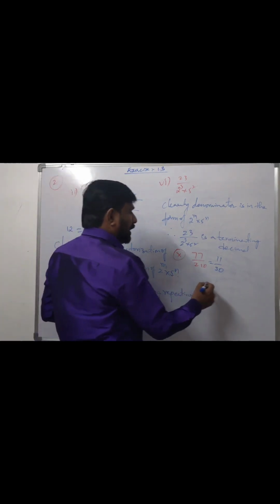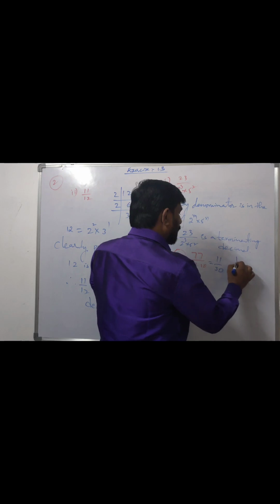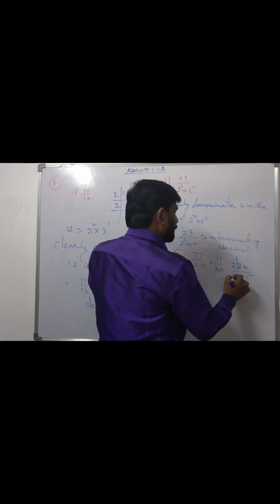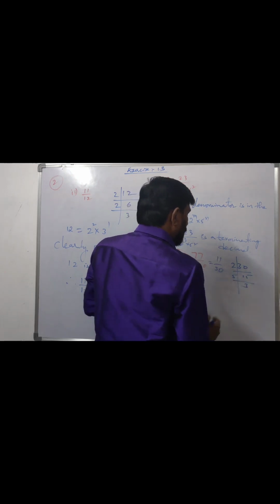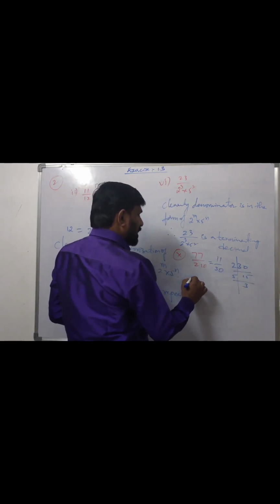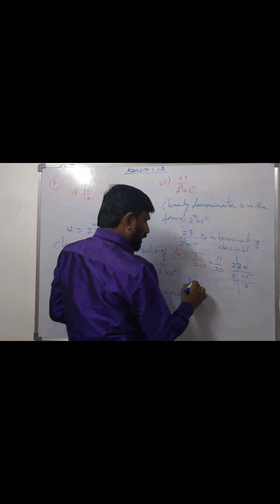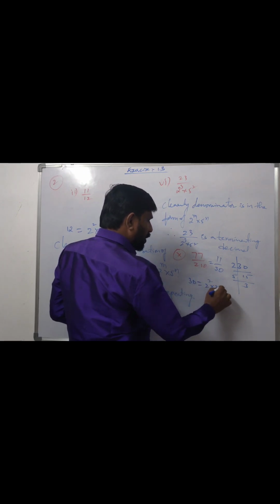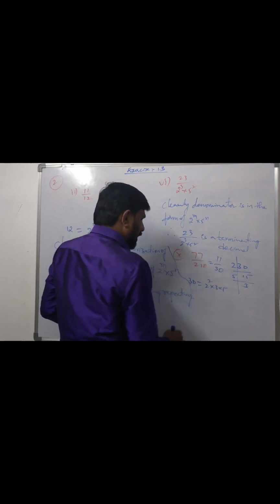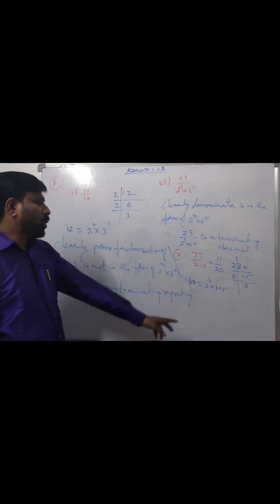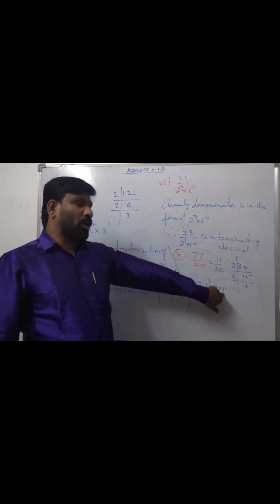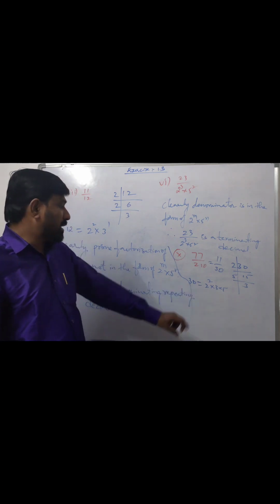Clear? So now what is the prime factorization of 30? 2 15s are, 3 5s are, 5 3s are. So 30 can be written as 2 into 3 into 5. It should be in the form of 2 to the power n into 5 to the power m, but not 3. 3 is extra.